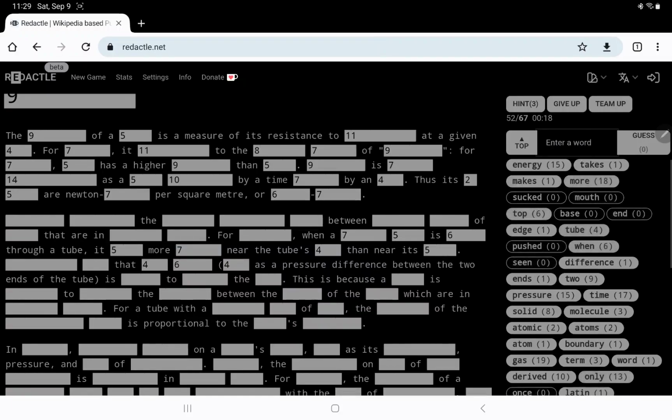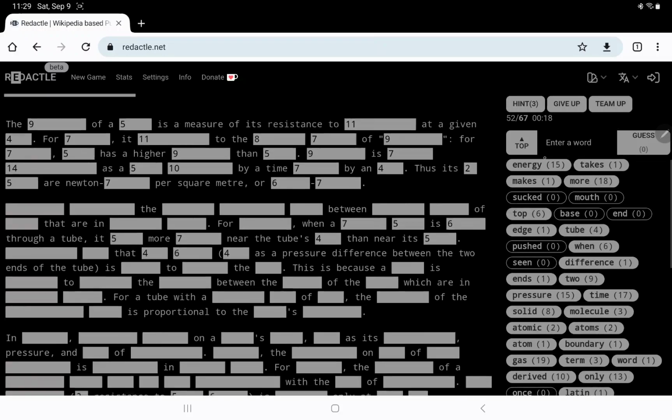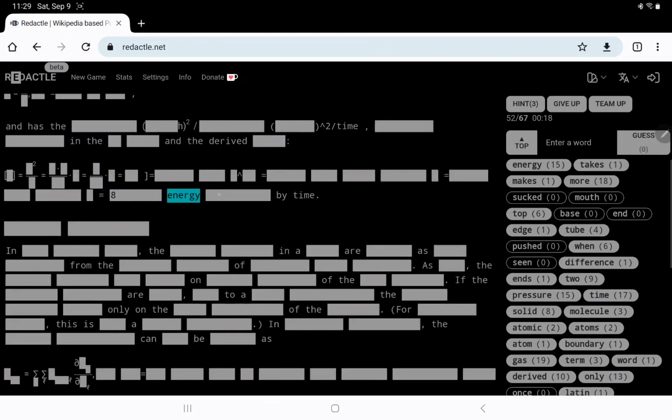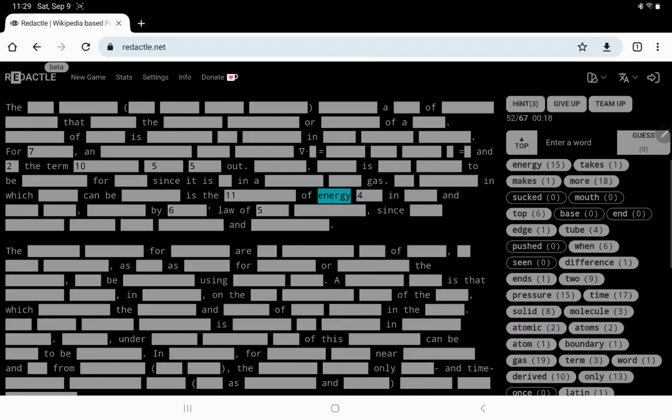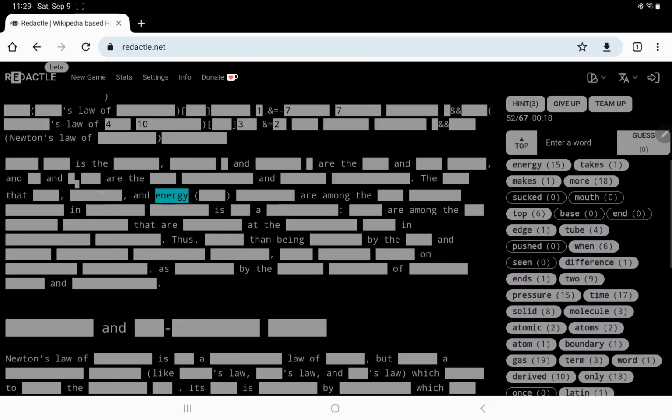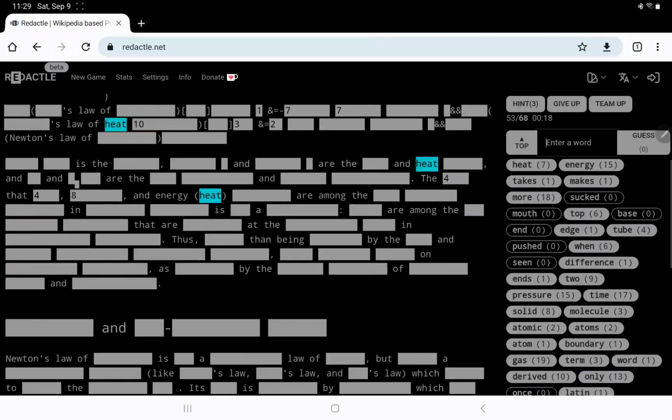Well, let's do energy. Let's see if that's mentioned. Yeah, I suppose with Newton's law and all of that, we would expect to see energy. Let's see, heat. How about pressure?